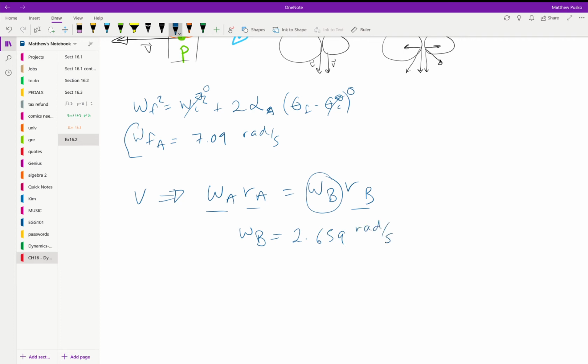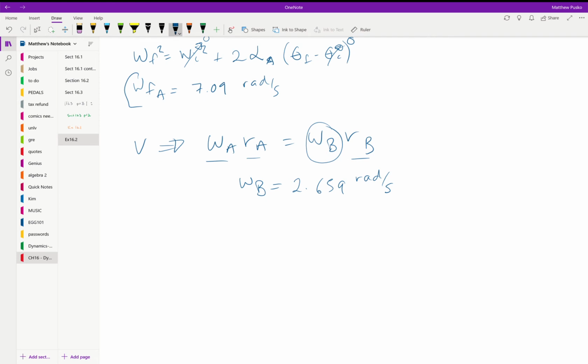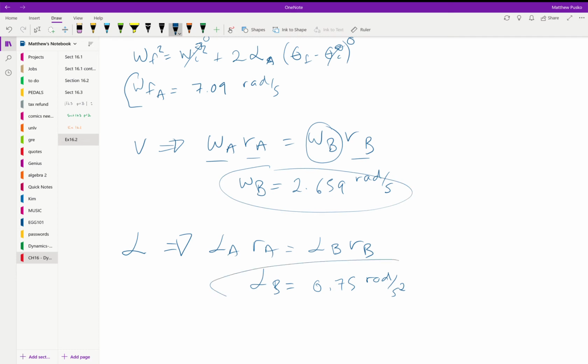We can do the same thing with alpha because alpha was given as constant, so alpha is not going to change. We can say alpha A RA is equal to alpha B RB. And alpha B is then equal to 0.75 radians per second squared. Okay, we need these numbers.